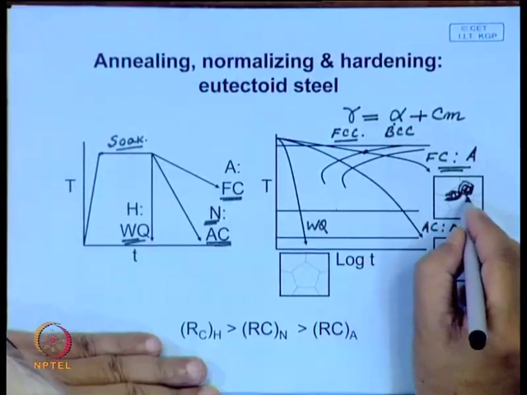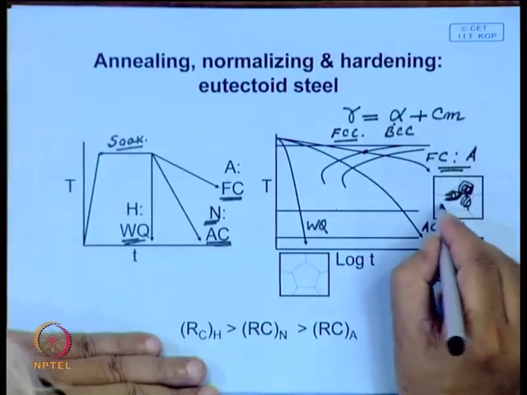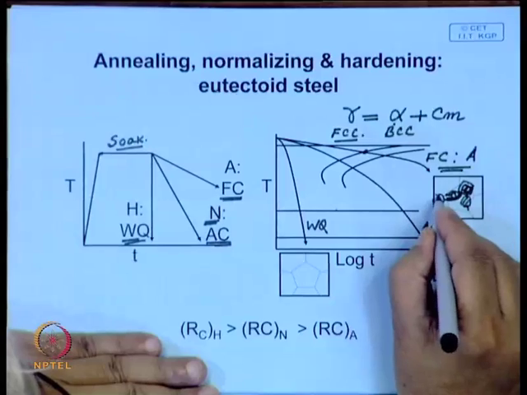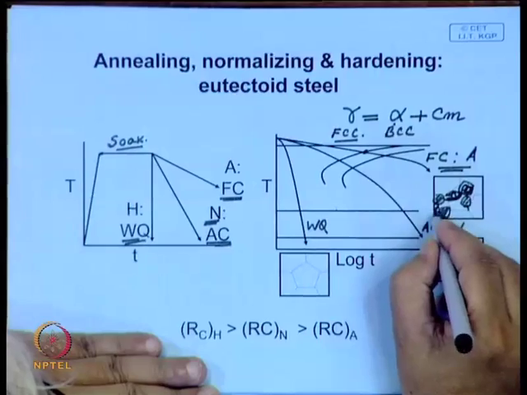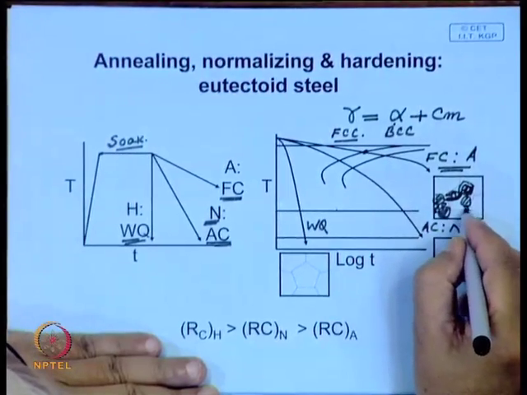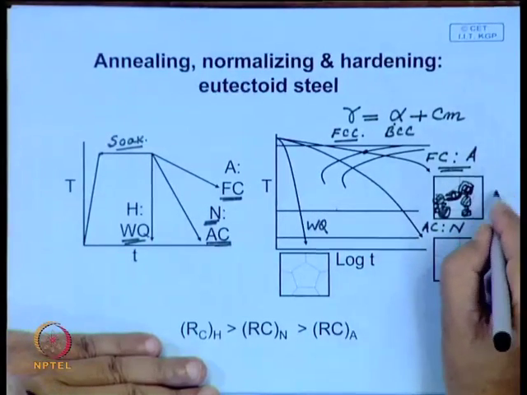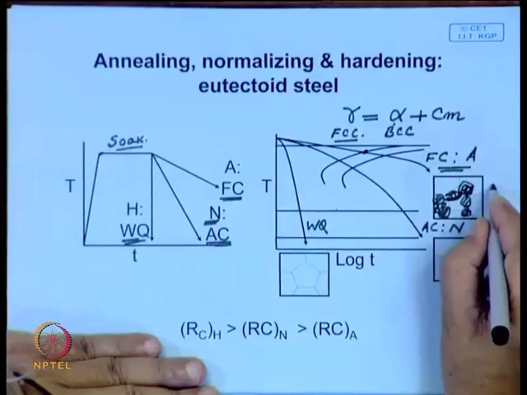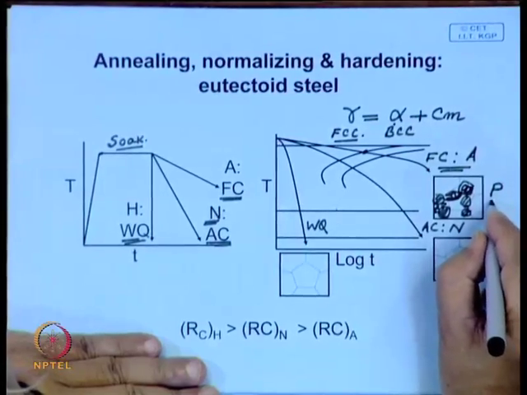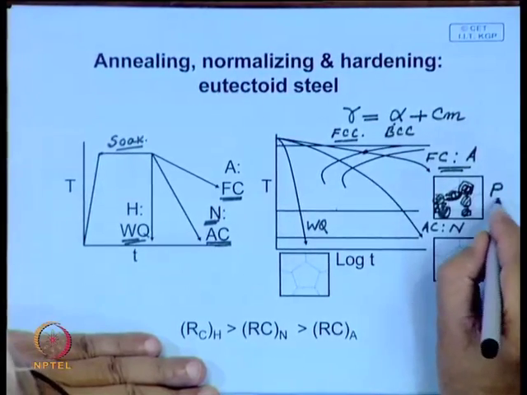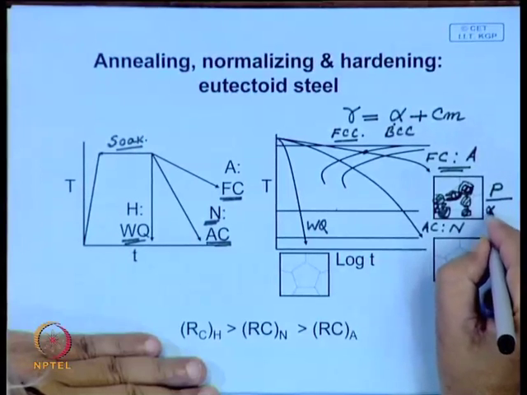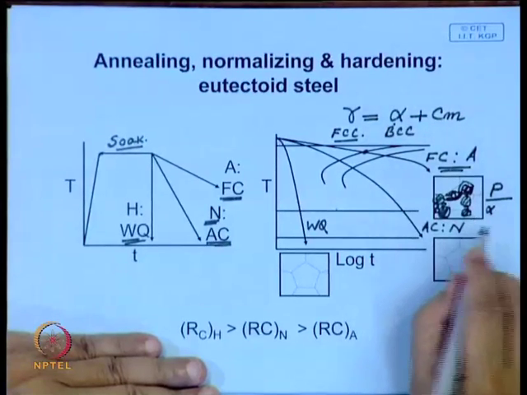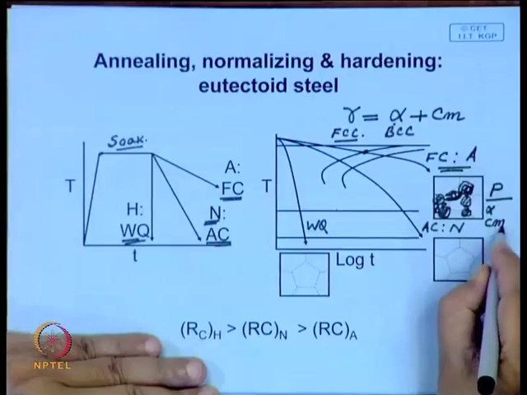In that case there is an impingement, and ultimately each austenite grain will be converted into several pearlite nodules, and the structure will consist of pearlite, which has a lamellar structure made up of alternate layers of ferrite and cementite.